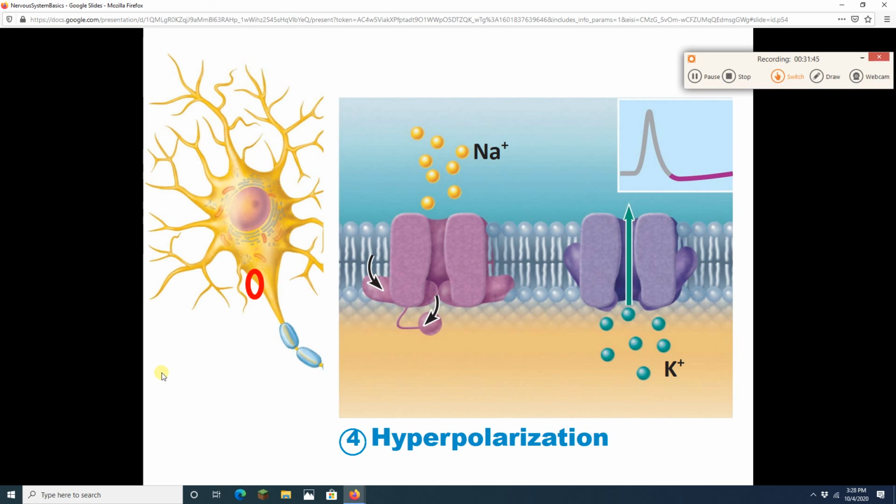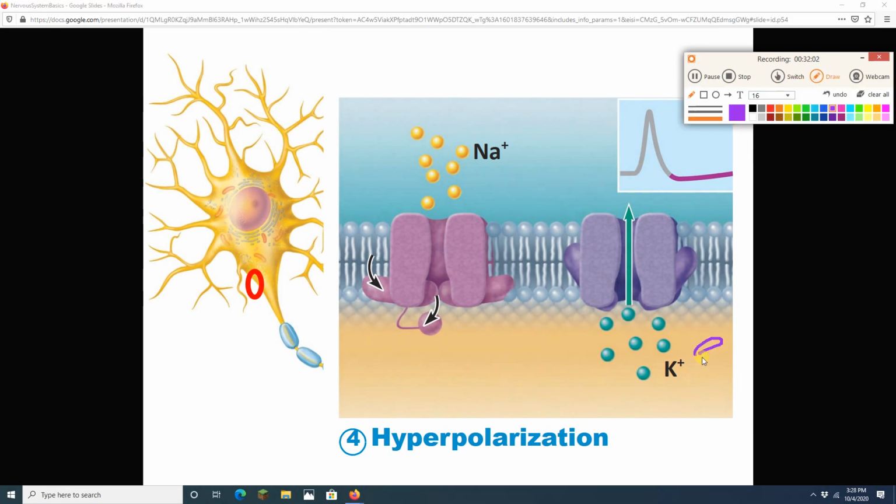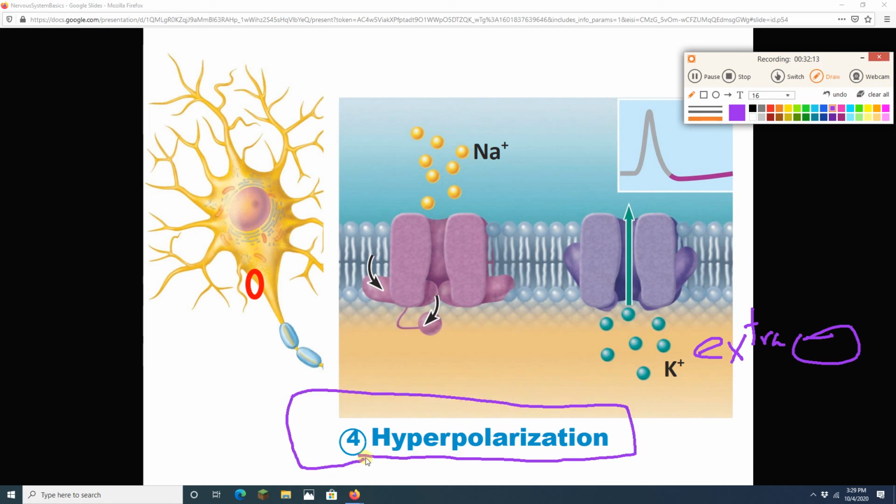So there is a period of time where we've actually gotten back to the original membrane potential, but these creaky, slow potassium channels are slowly closing, but they're still open. And so some extra potassium leaks out, which means our interior is going to get extra negative. That extra negative period of time is known as the hyperpolarization.